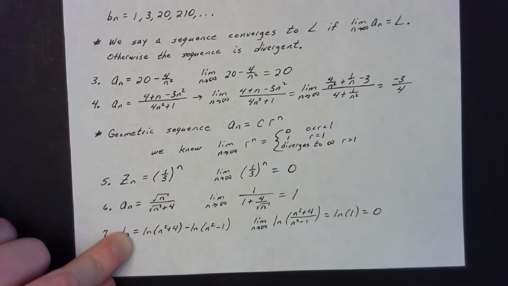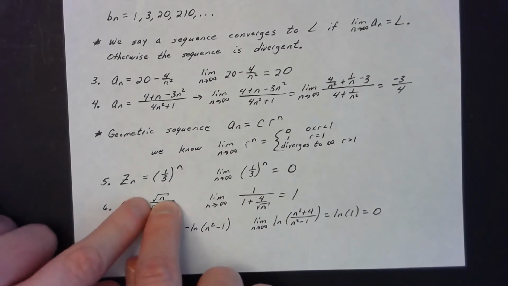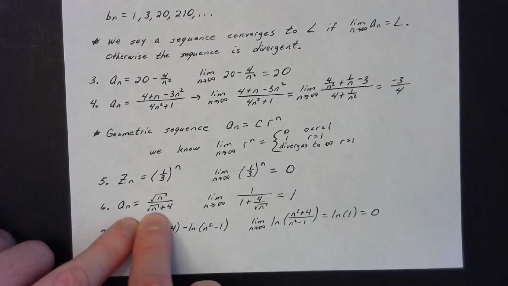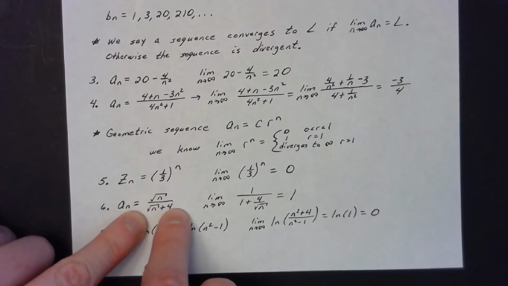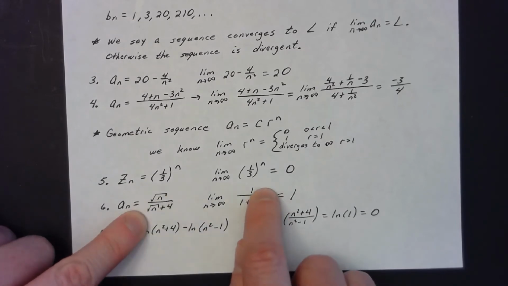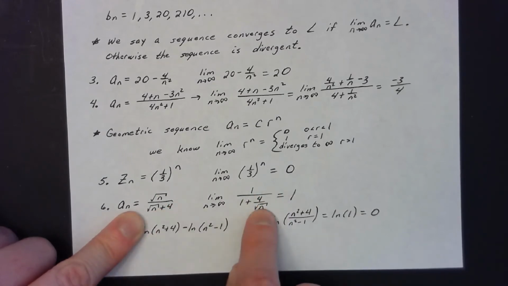To try to show you that in another manner, what I've done here is I've said, well, I'm going to take a limit as n approaches infinity. Where did this come from based off of this? All I've done is I've divided through by the degree of n in the denominator, which is to the 1/2 power. Divide through every term in this fraction by the square root of n. Square root of n over square root of n is 1 in the numerator. Square root of n over square root of n gives me a 1 here. Then I have plus 4 over the root of n.